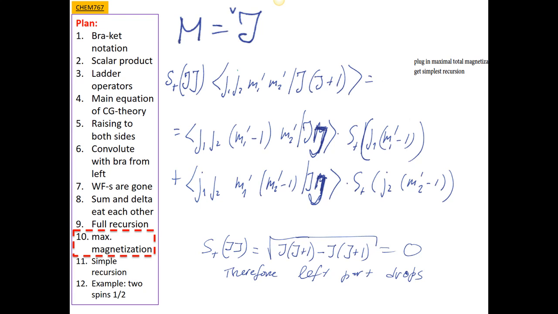Minus minus 1/2 times minus 1/2 plus 1. So here we need 1/2 times 3/2, right?